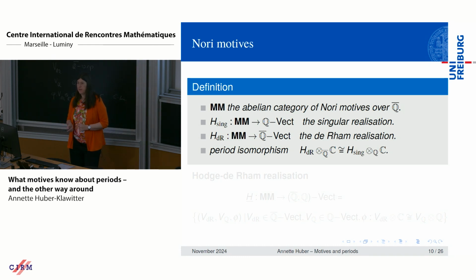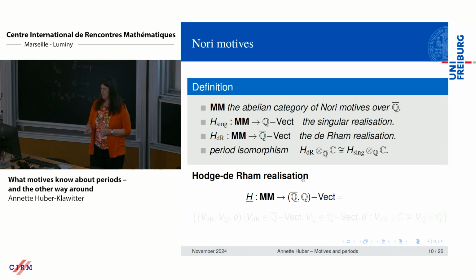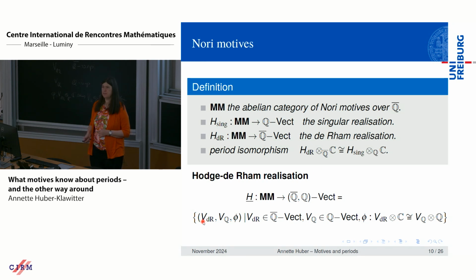So we can encode this structure, having two realizations and a comparison isomorphism, into a single category. Some people call it the Hodge-de Rham realization, so let me use that terminology. For every Nori motive, we have an object in this category of, what I call, Q bar Q vector spaces. What I really mean is we have pairs of vector spaces. V-de Rham is a finite dimensional Q bar vector space.